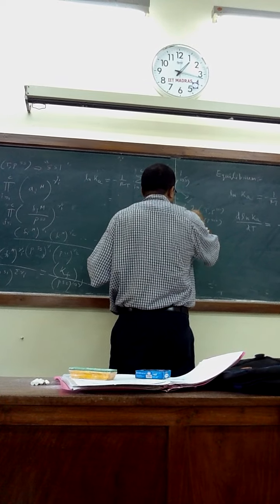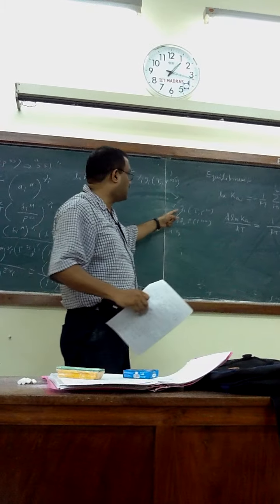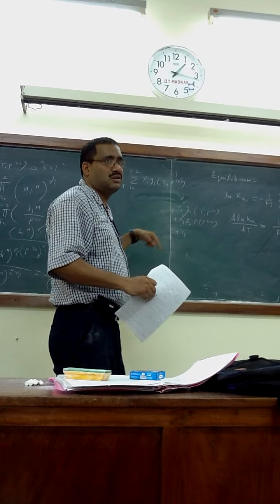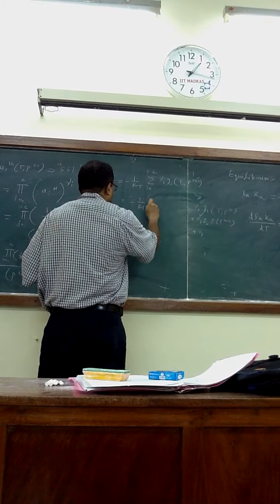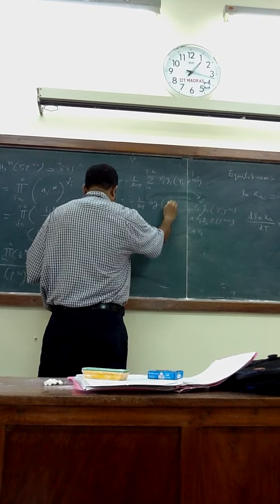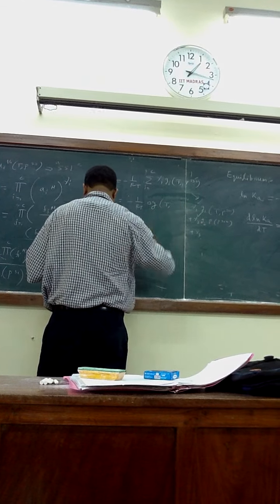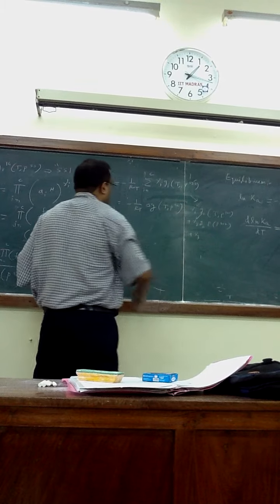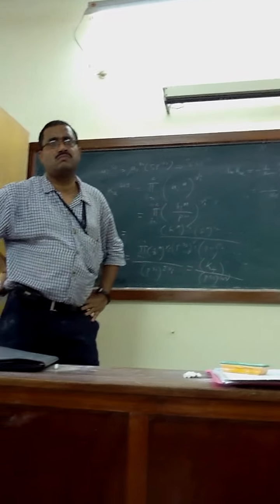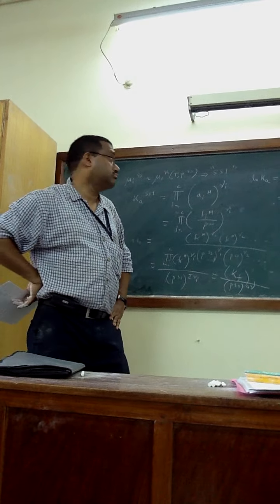This product is positive for gamma 1, gamma 2 negative, gamma 4 negative. Again you can write delta G. You can write minus 1 by RT delta G T P SS. Not clear? Not clear.